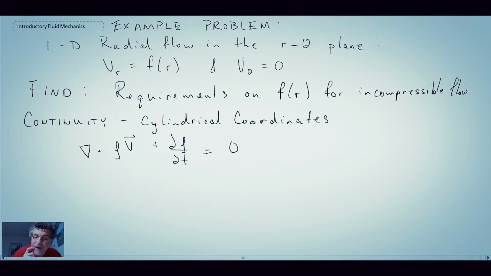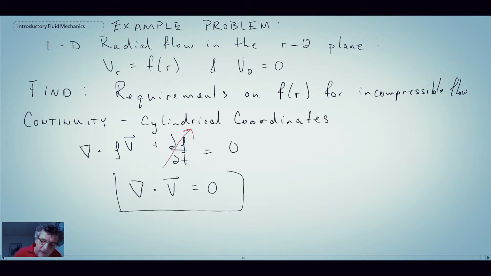Now we said that it was incompressible flow, and consequently that means density is equal to a constant. And the time rate of change term then disappears, and what we are left with is quite simply del dot v equals 0. That's continuity for incompressible flow.